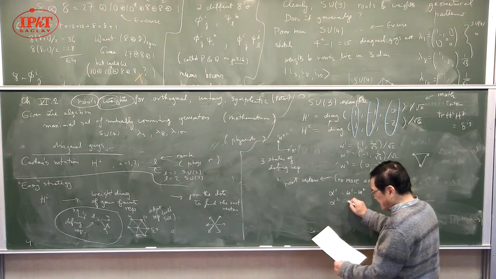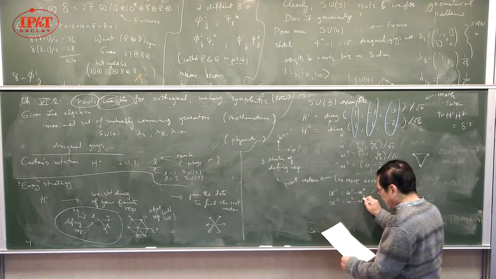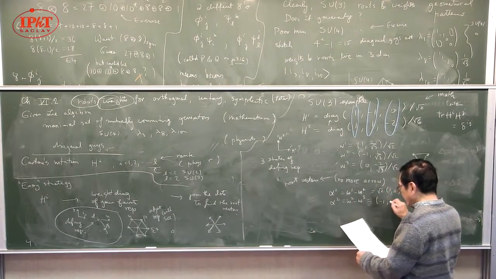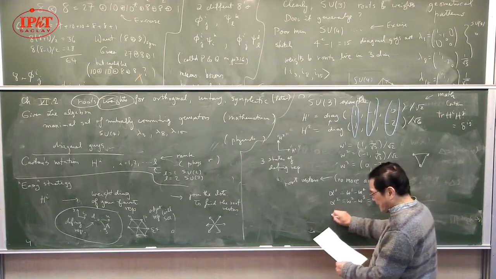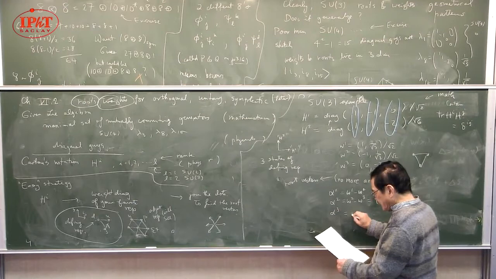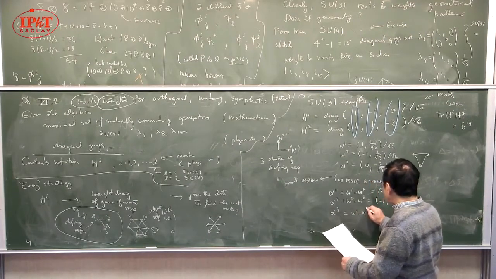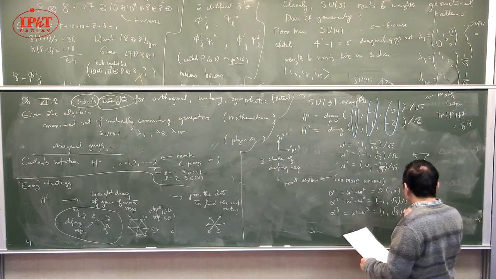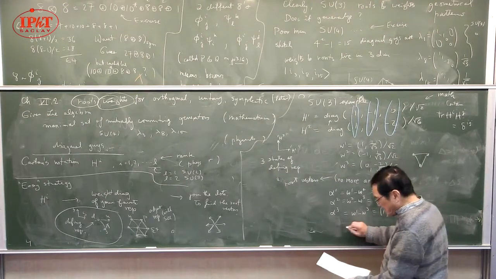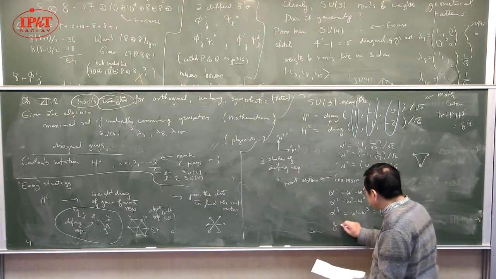Alpha 2 is W2 minus W3, equal to minus 1 over root 3 divided by root 2. And alpha 3 is equal to W1 minus W3. These are 3 of them, and then the other 3 are just their negatives.